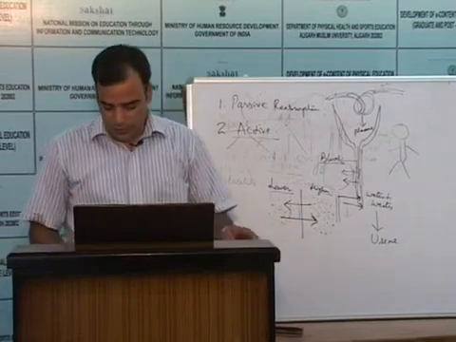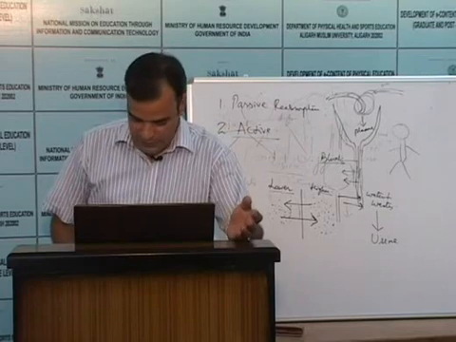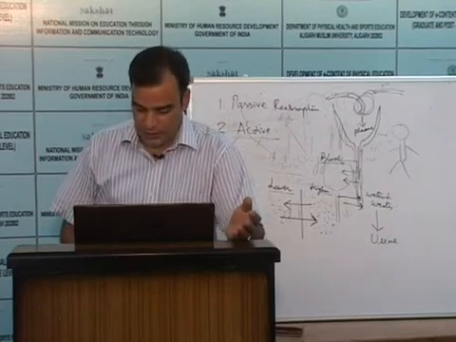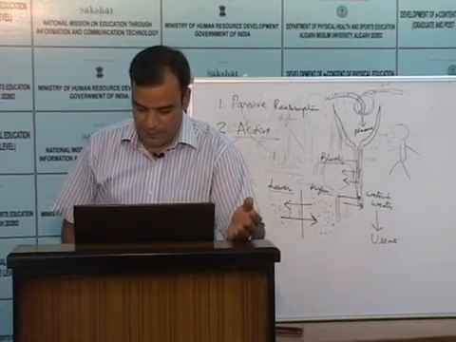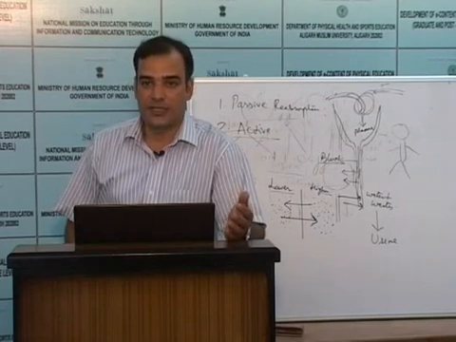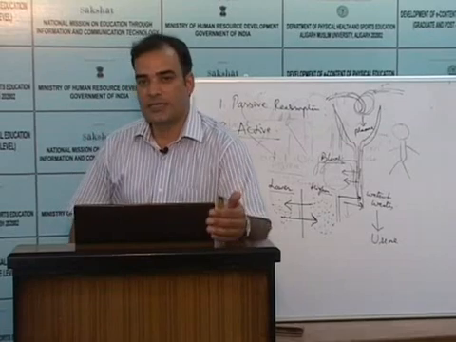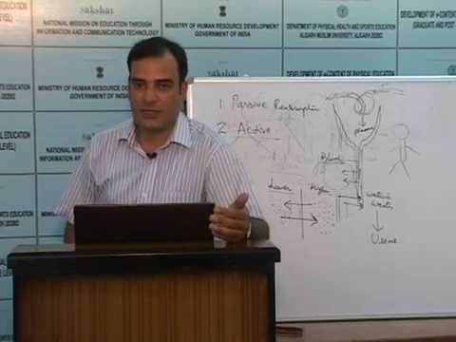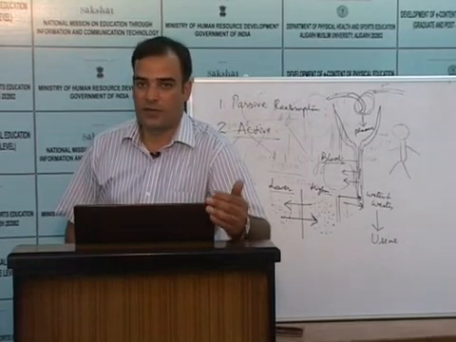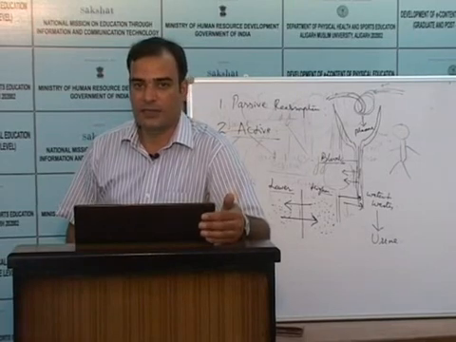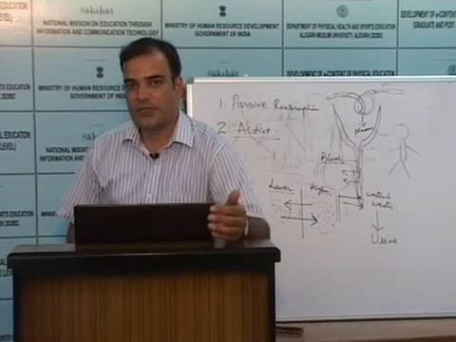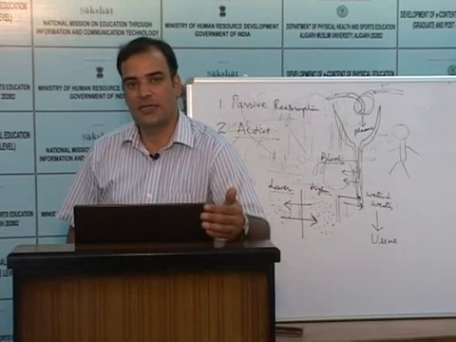So in this process of excretion, we studied first what is excretion. Second, we discussed what are the different organs of excretion, for example, the digestive system, lungs, liver, but the major excretory system is the renal system.